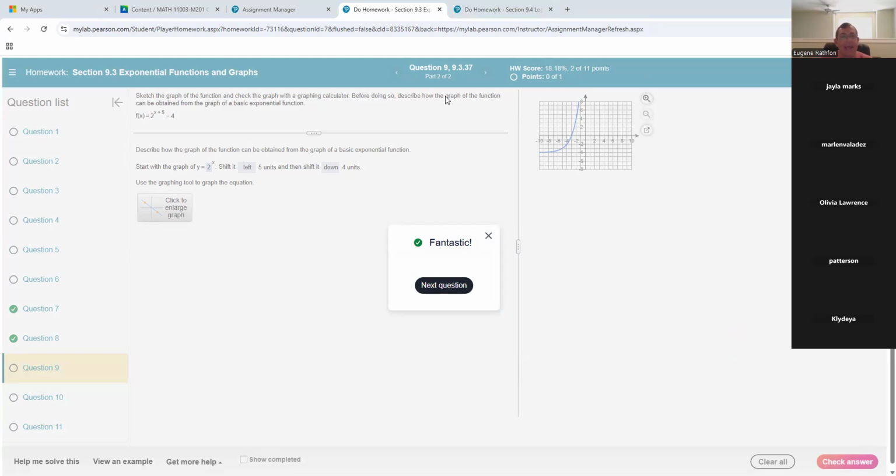So at the end of 9.3, we actually have a couple word problems dealing with an exponential type equation.